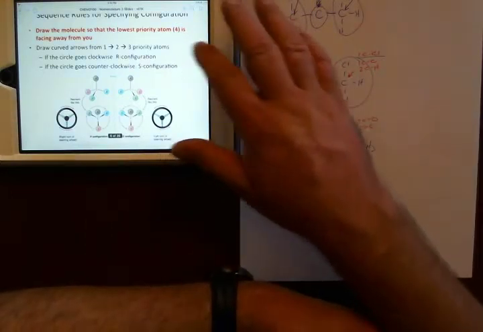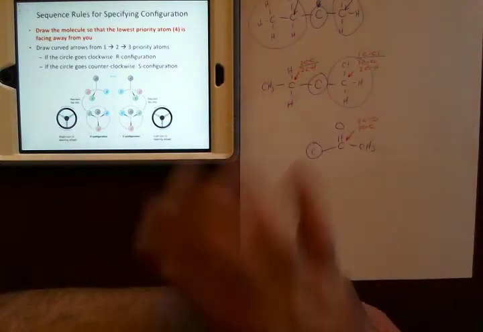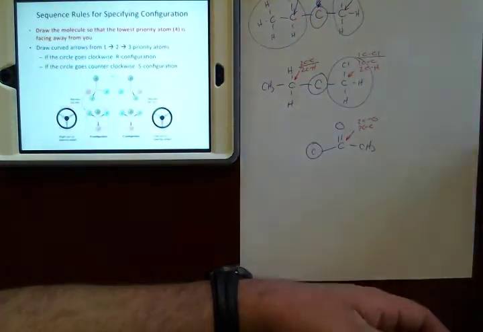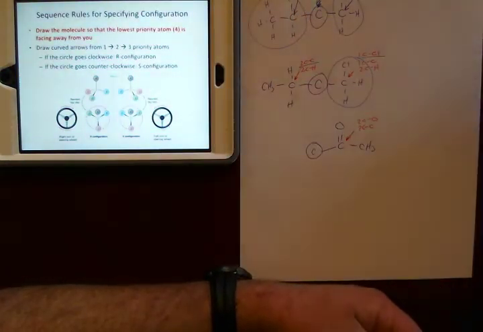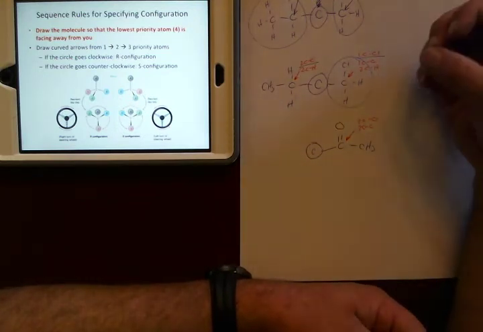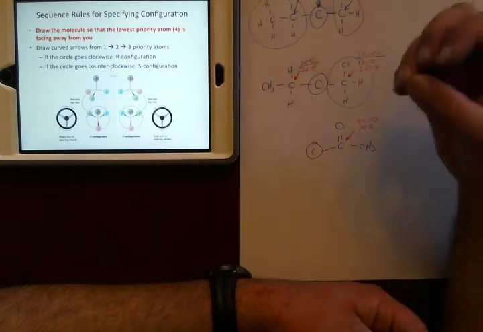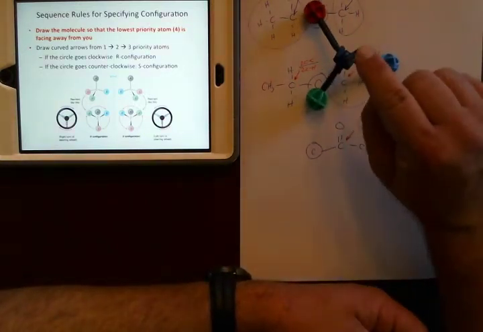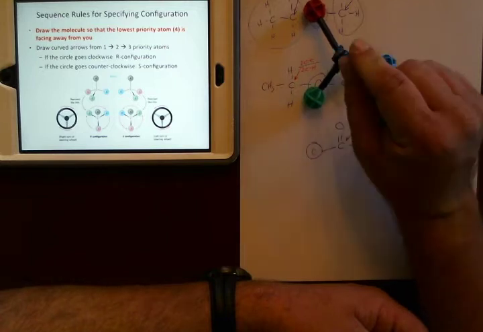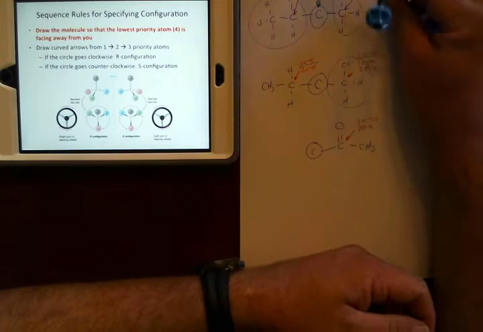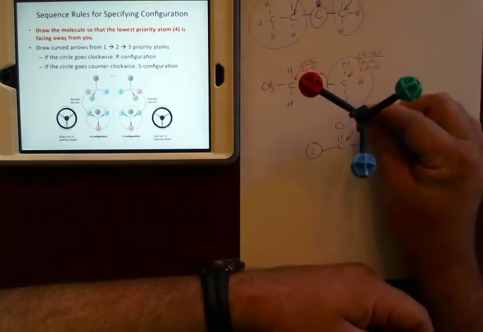So it turns out that if you're going to do the steering wheel method, you need to be able to rotate the molecule in space so that the number 4 is in a dash. If there's your lowest priority, you need to rotate it so that the 4 is going away from you.